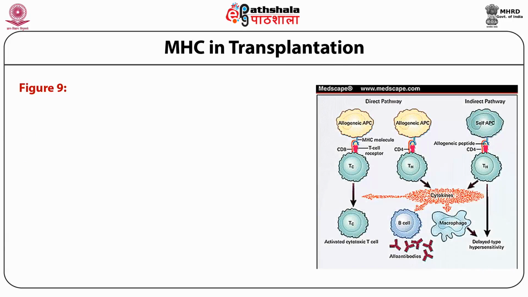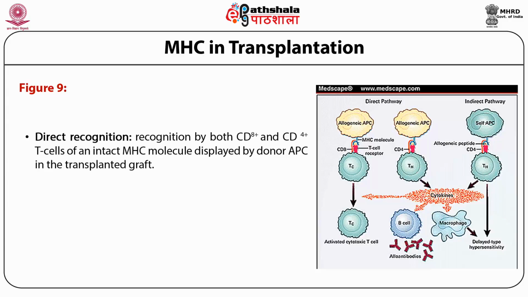Here in this slide, we see the direct recognition of both the CD8 positive TC cells and CD4 positive T helper cells of an intact major histocompatibility molecule displayed by the donor antigen presenting cells in the transplanted graft.